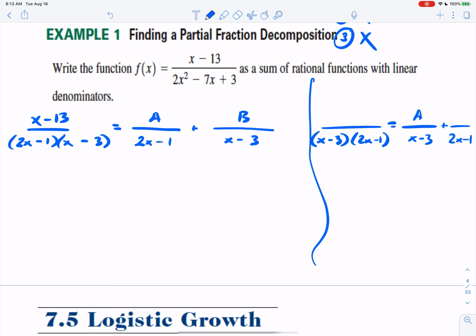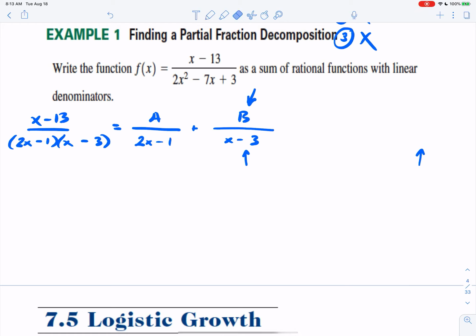And then you would put an A and a B. Now, if you're comparing your answers with your peers, your A and your B may be different, but whatever A is here, it's associated with this x minus 3. So whatever the answer is here should be the same answer here with the x minus 3. So your A and your B may be flipped, but your final answer should always be the same. I hope that made sense.